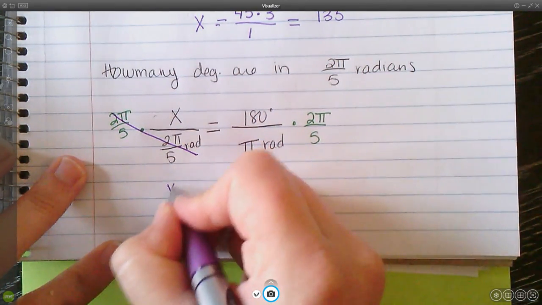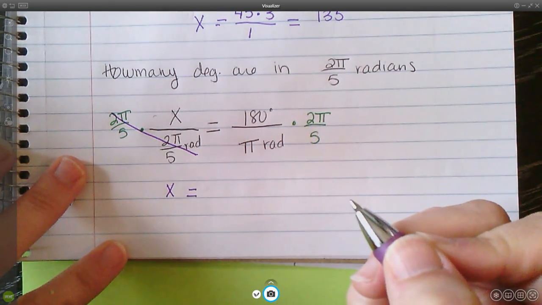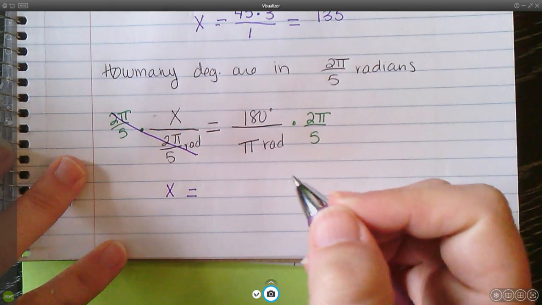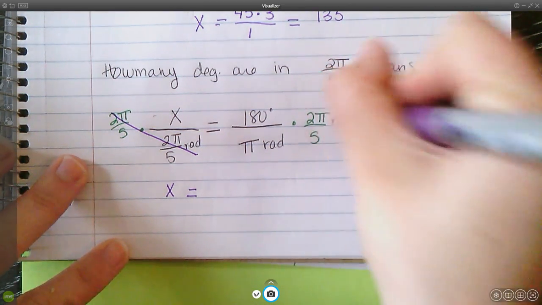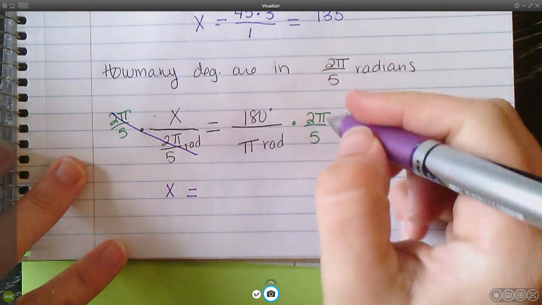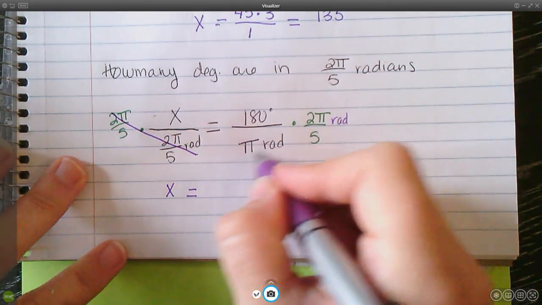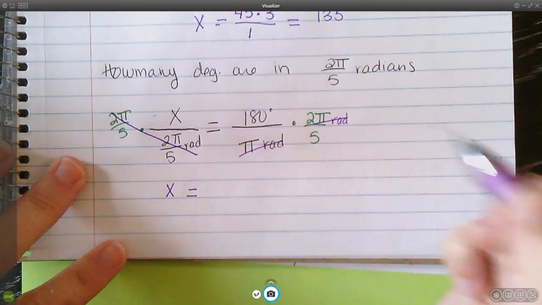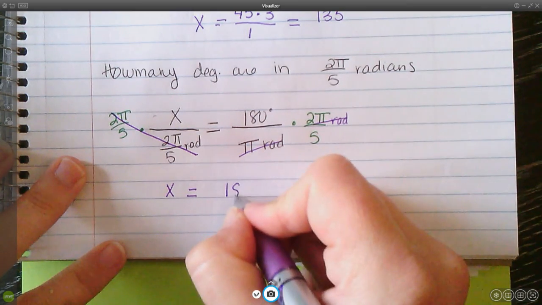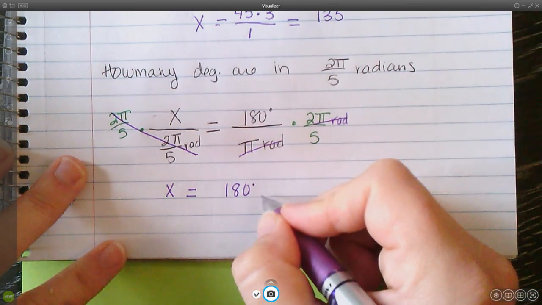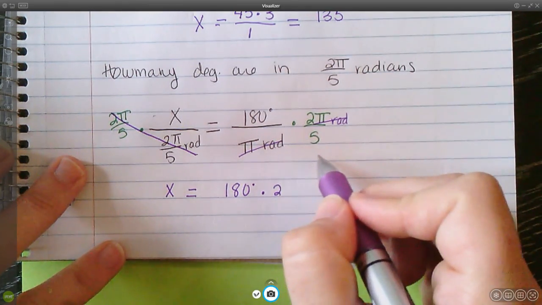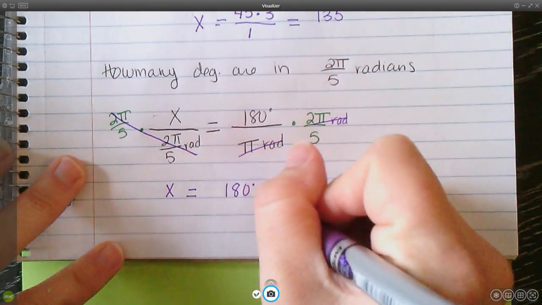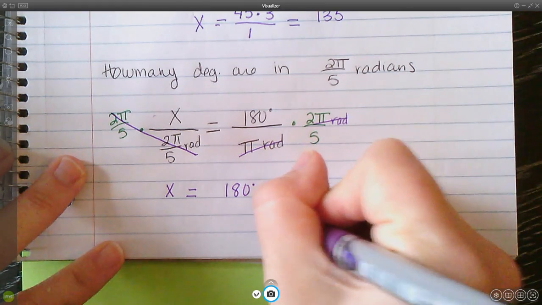So you're left with x equals, okay, so the pi's, oops, I forgot my radians again. I'm really bad at labels, sorry. We can see that the pi and the radians cross out. So I have left 180 degrees times 2, and then on the bottom you have 5.